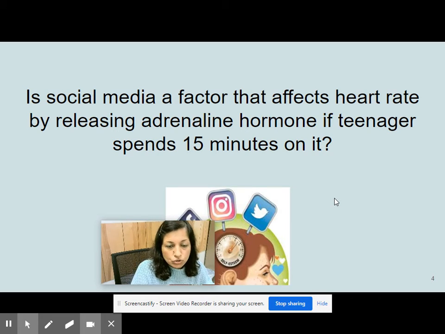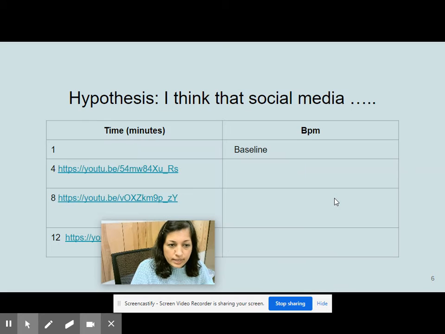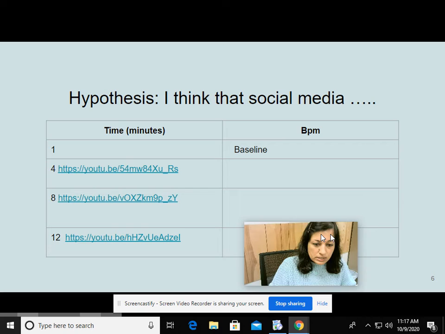So please write down this topic in your journal, and then you are also going to write your hypothesis: I think the social media is going to have an impact on my physiological response, or I think the social media will not have an impact on my physiological response, so my heart rate will not be affected. Then you're going to make this table.